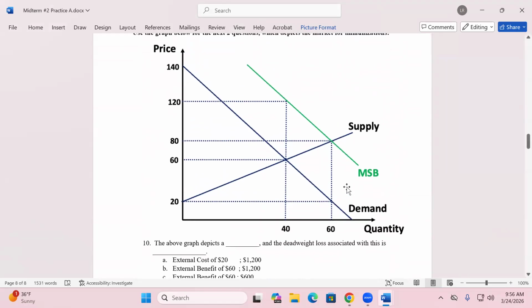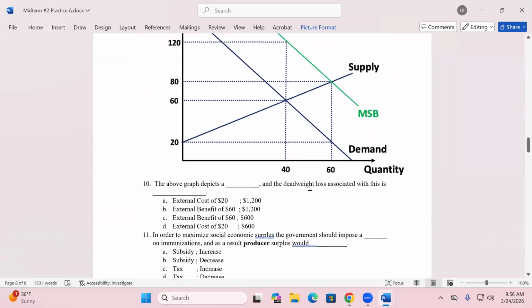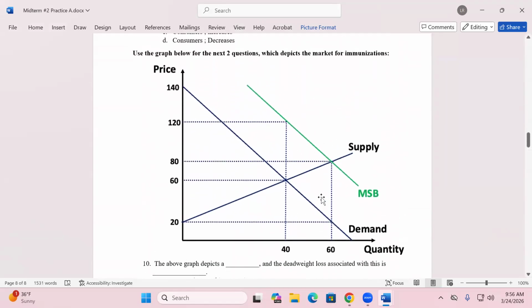So on 11 here, what type of externality do I have? What does supply represent? Private. We don't know this. This is a problem. Supply represents marginal costs. Demand represents marginal benefits.